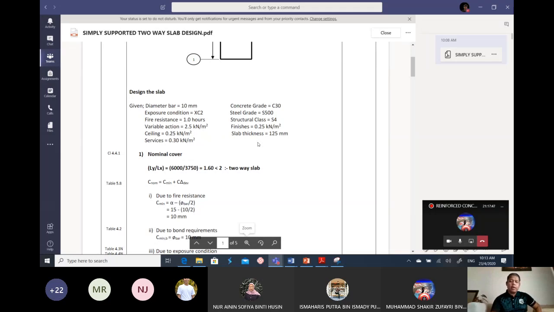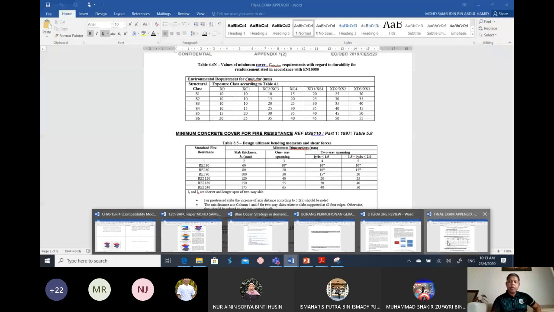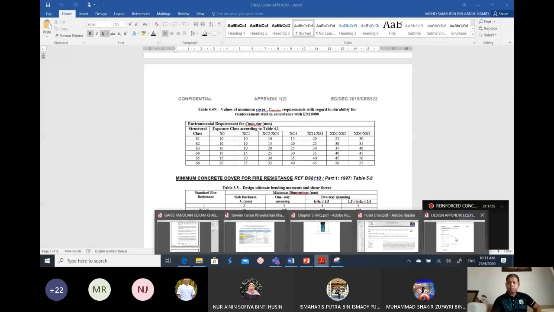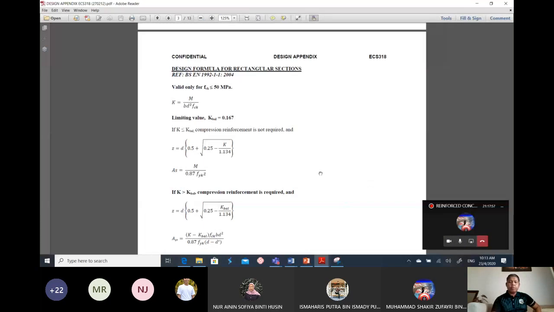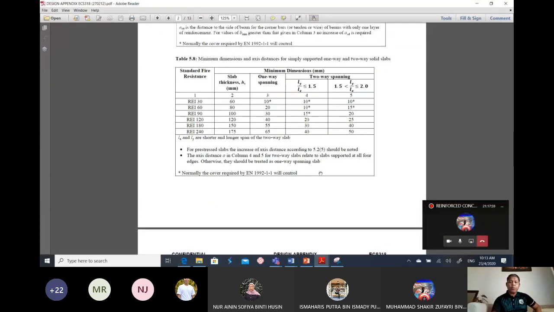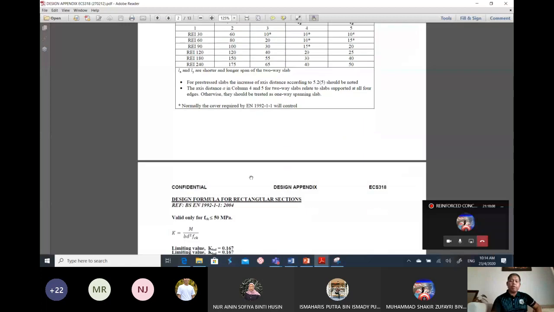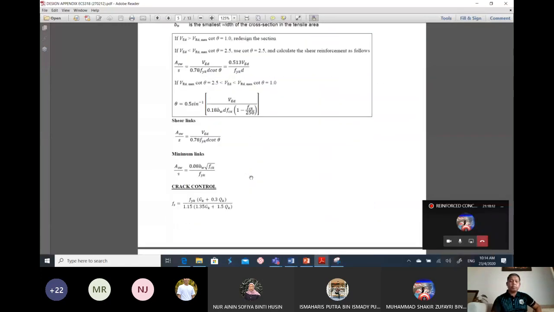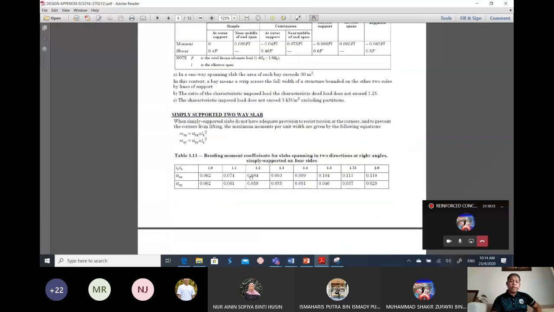By referring to table 5.8, we know, for example, that for a minimum fire resistance of 1 hour, the thickness is 80 millimeter, and then you also have to calculate depending on the span over depth ratio here, table 7.4n.